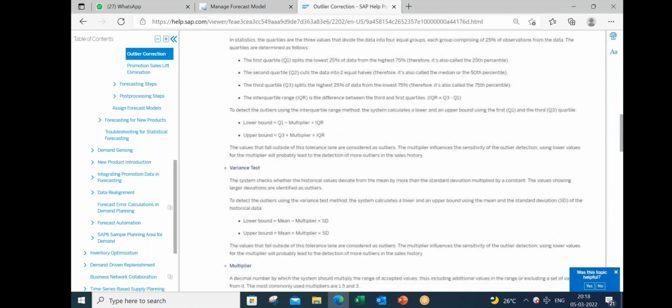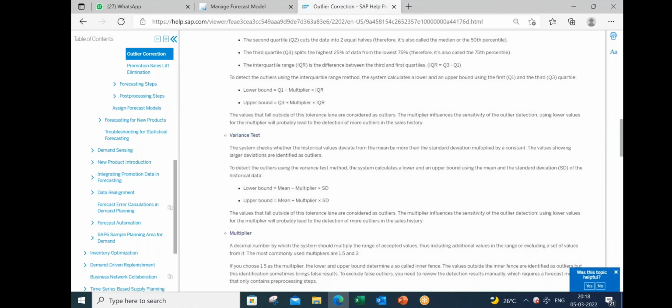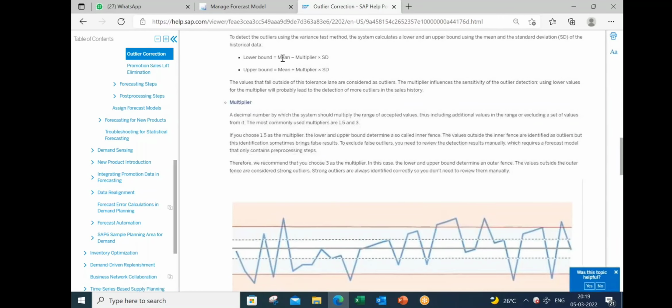But here it forms quartile ranges, like lowest 25% and highest 25%, divided to generate something. But here it will simply calculate the mean minus multiplier into standard deviation, and the mean plus multiplier into standard deviation. So like that, lower band and upper band it will calculate again here.